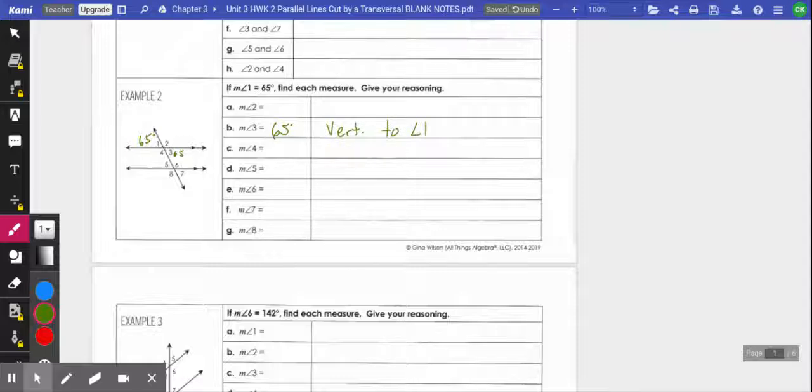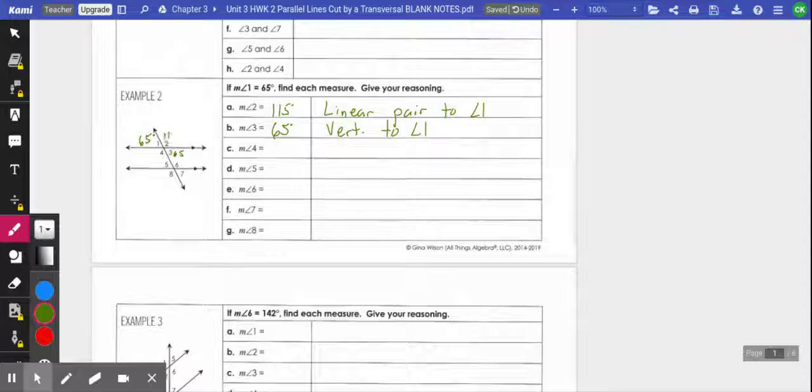All right. Maybe you want to say now angle 2 is 115 degrees. Why? Because it's a linear pair to angle 1. Did I have to use angle 1? No, I could have said angle 3. I still would have gotten 115.